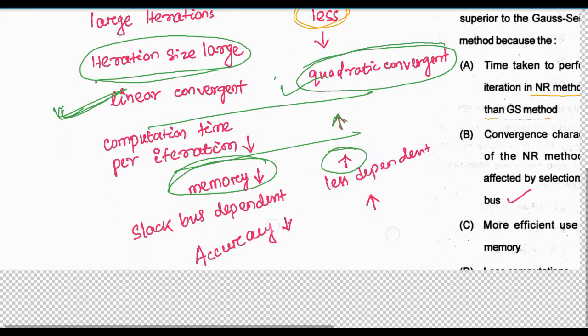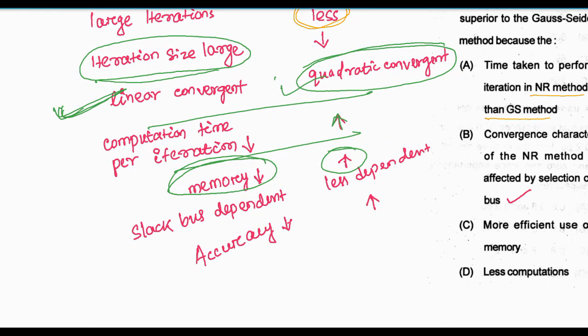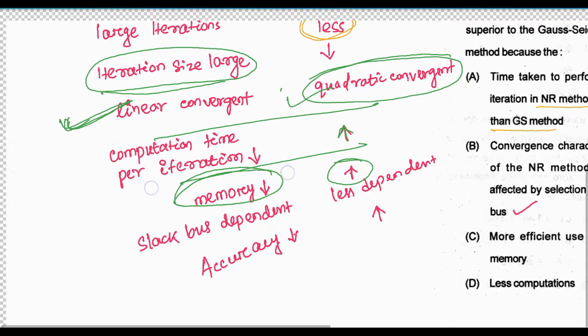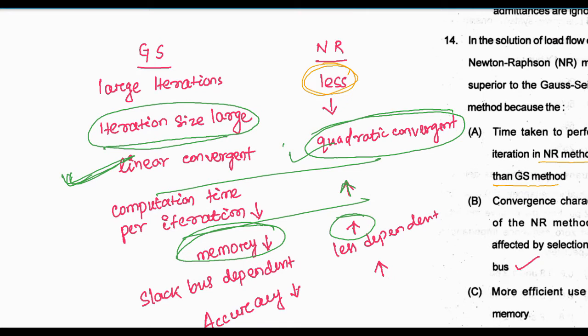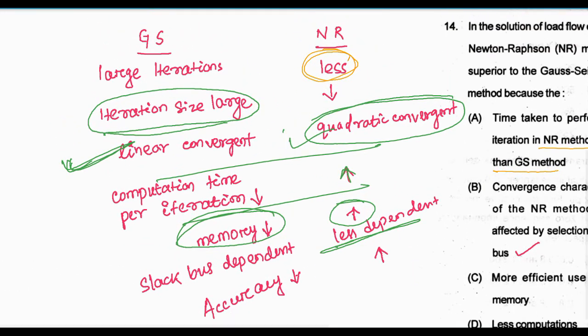Next, dependence on the selection of slack bus. Gauss-Seidel method depends upon the selection of slack bus, and depending on that the method will be lengthy or short. But Newton-Raphson method is less dependent, not independent, on the selection of slack bus. And the last one is that Newton-Raphson method is more accurate. So these are the differences between Newton-Raphson method and Gauss-Seidel method.